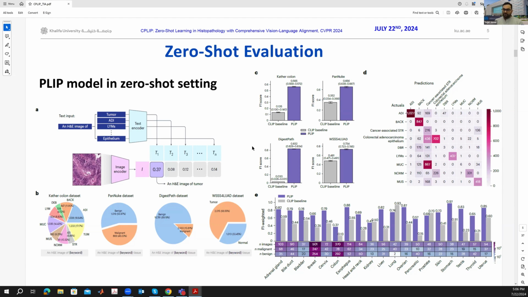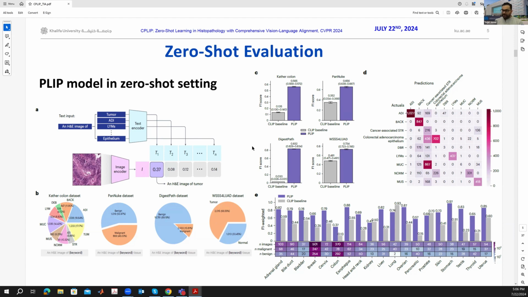This is what we call zero-shot classification. The classifier will work as follows. It will compute the embeddings from the textual description as well as from the image modality using the vision encoder and the textual encoder, and it will produce a set of probability values.